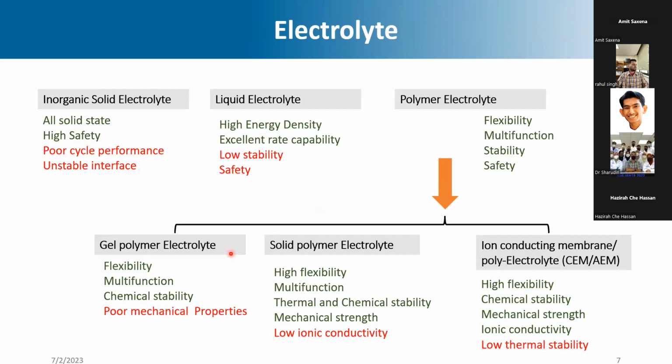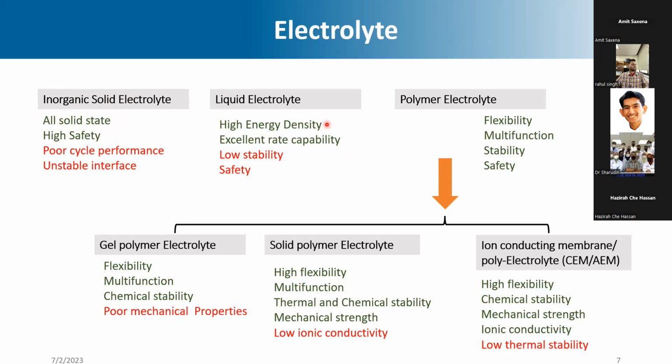Here, the first category is inorganic solid electrolytes. These are highly safe electrolytes, but they are not efficient and have poor cyclic stability. Means they are not that practical, but in some research they are still showing promising results, and research is ongoing.